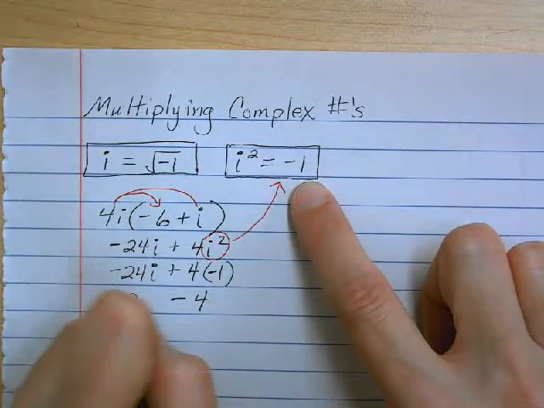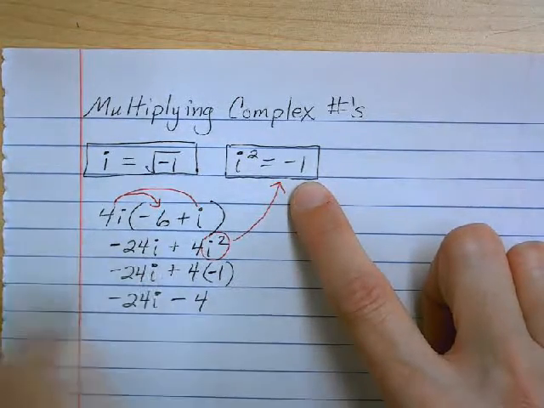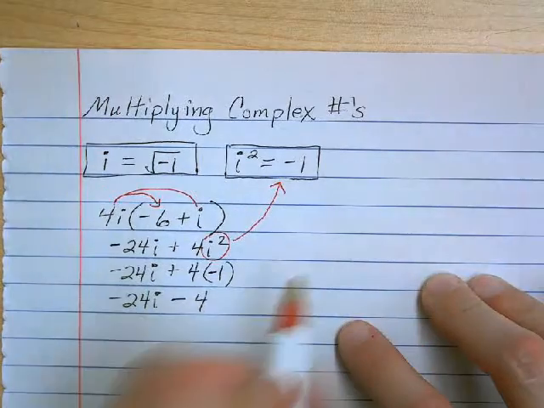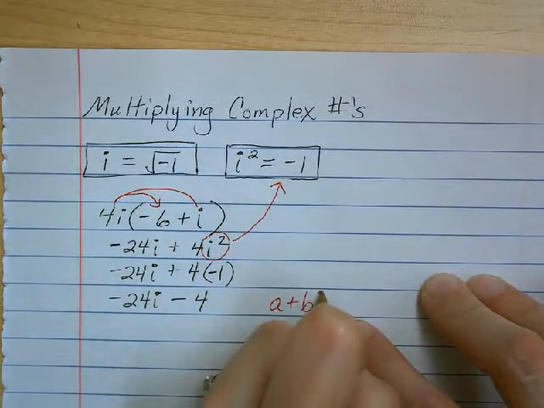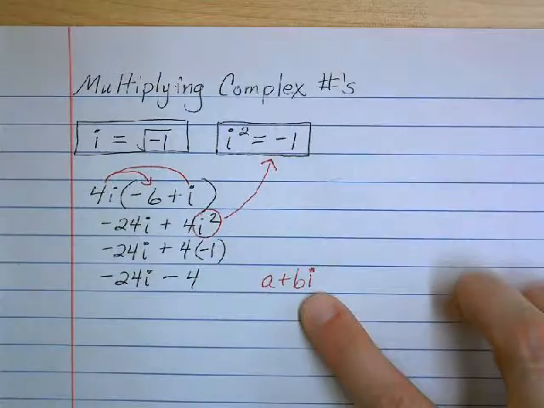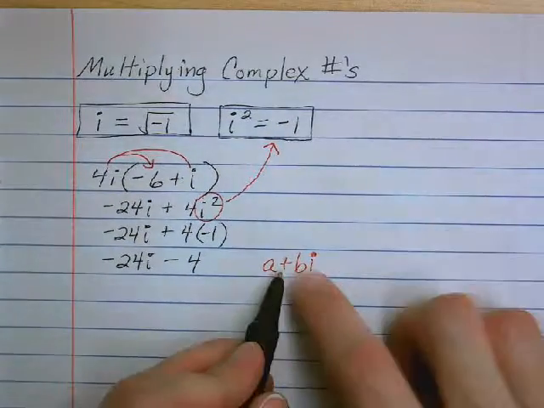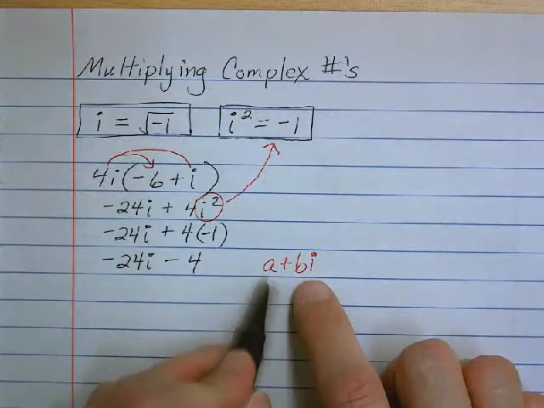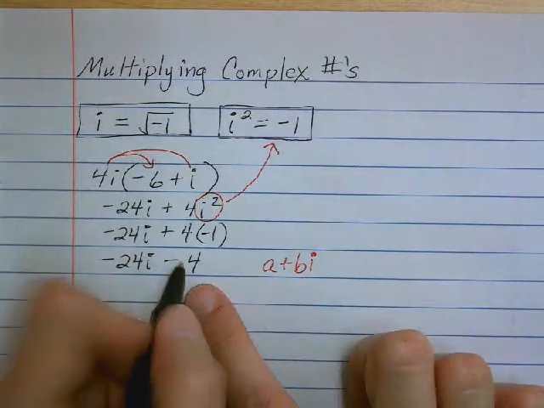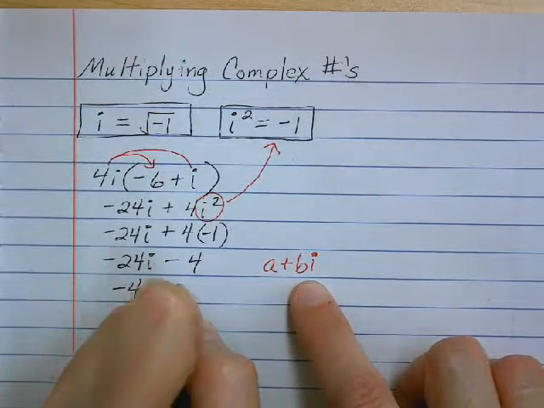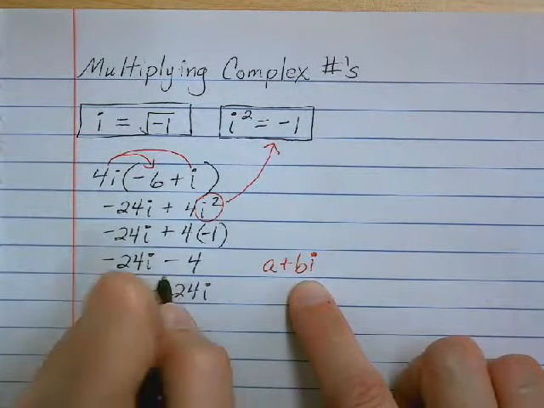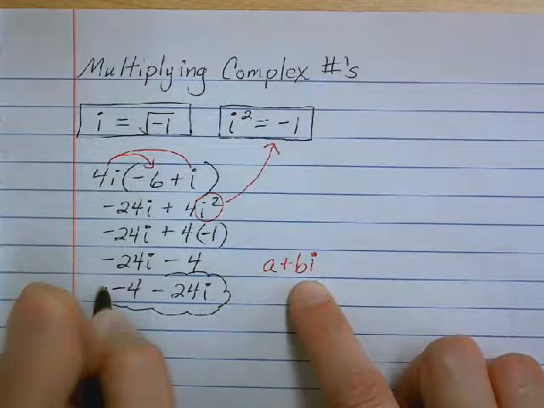So 4 times -1 is -4. And I'm finally done. Final answers are usually written in a plus bi form. That's the format for how complex numbers are written. And a is like the real part of the answer, so -4 needs to go first, then -24i. And then the problem is done.